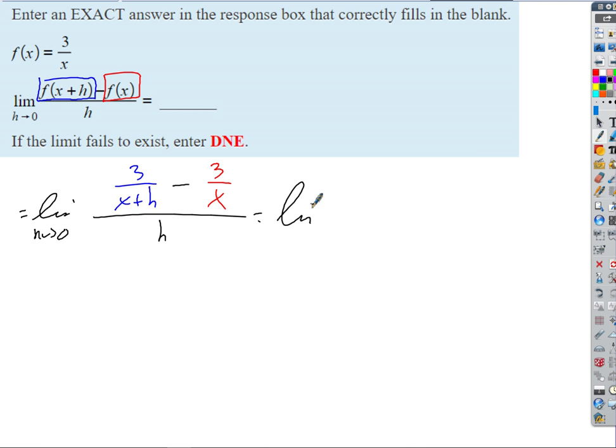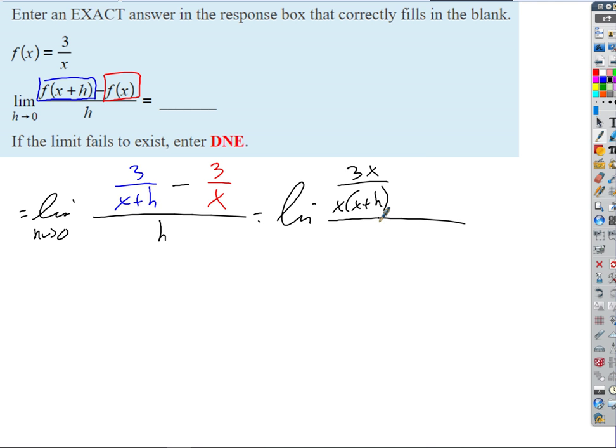So what does that mean here? What's my common denominator going to be? x squared plus hx. No, we don't want to write it that way though. x times the quantity x plus h. We don't want to mix those up. We want to leave them in factored form. That's important. So we've got 3x over x times x plus h.